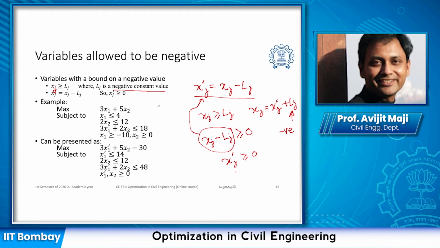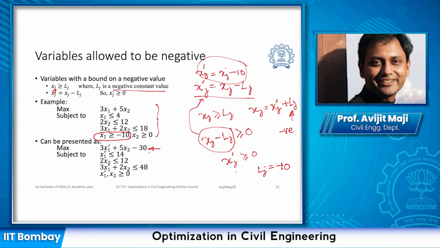Let us look into an example. In this particular problem, we have one of the variables which has to be greater than negative 10. So lj in this case is equal to negative 10, and our xj dash is going to be xj plus 10. If we replace xj by this equation, we can see that the objective function is going to be this one.